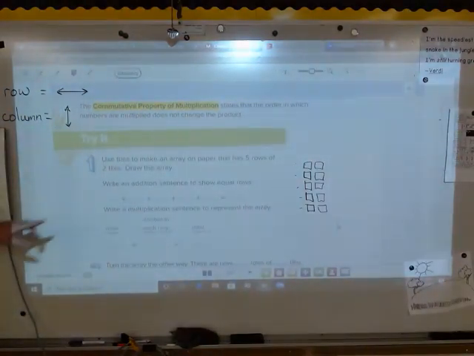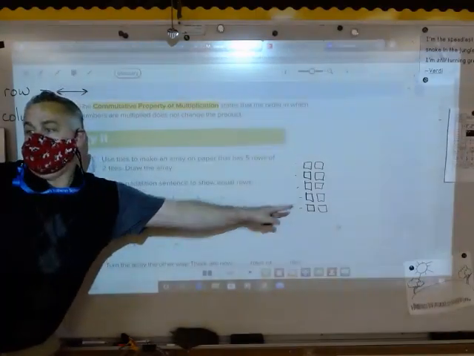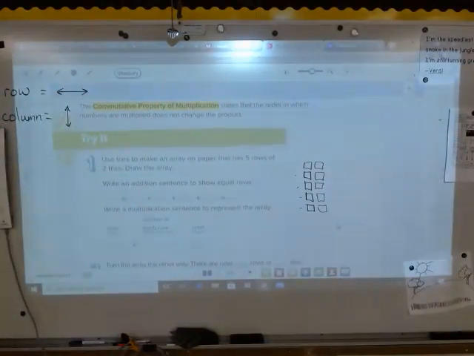Are there 25 tiles here? 1, 2, 3. No. Okay, what's 5 plus 5 plus 5 plus 5? We'll count by 5s. 5, 10, 15, 20, 25.